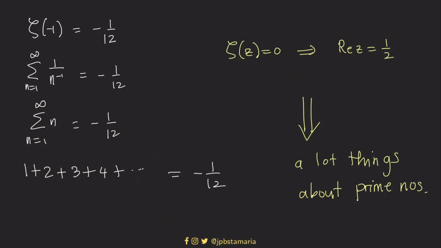Yung kahirapan na yun ng pagfa-factor, ang ginagamit ng ating mga computer scientists sa pag-hide ng mga maseselang information sa internet. Yung tinatawag na RSA public key cryptography, gumagamit ng mga prime numbers.